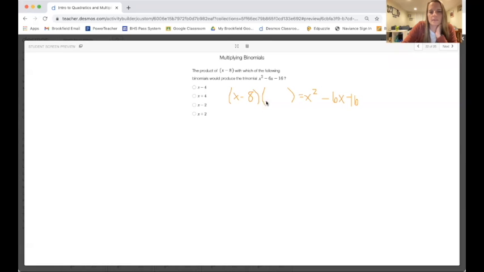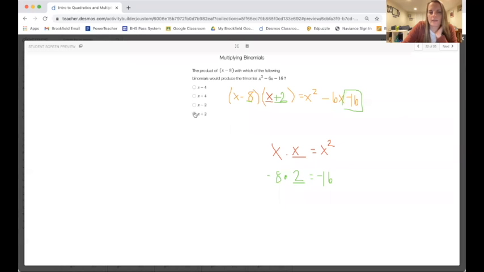X times something had to equal x squared. The only thing that would work there was x, so this has to be x. And then negative 8 times something had to equal negative 16. So negative 8 times positive 2, so this is going to be x plus 2.